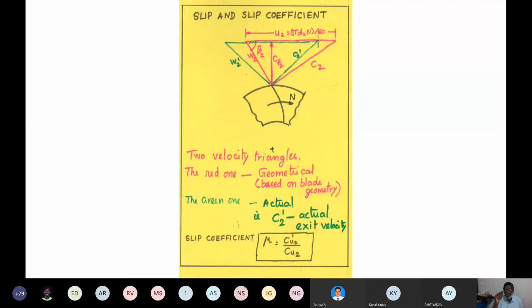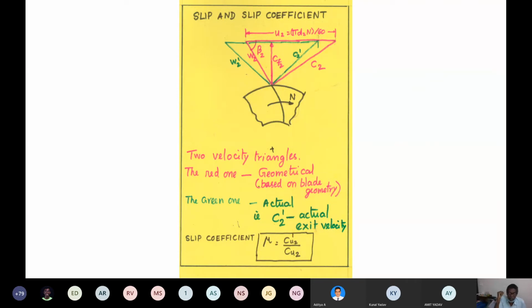That is reasonable because normally when inertial effect is there, it will try to fall back. Okay, now the issue I raised is this: if you want to reduce slip by going for more number of blades, is it a positive step? Okay, it's a good step. Normally centrifugal pumps have 4 to 5 blades, 6 blades at most, not many.